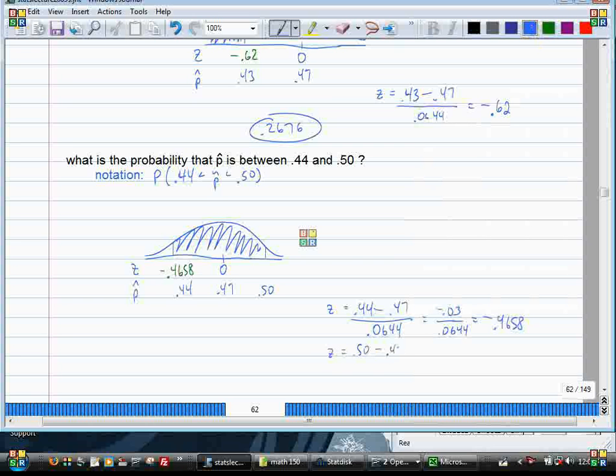0.50 minus 0.47 over 0.0644. That's 0.03 over 0.0644. And what's that going to be? Don't use your calculator. Look at it. What's it going to be? Same thing, but positive. Exactly.